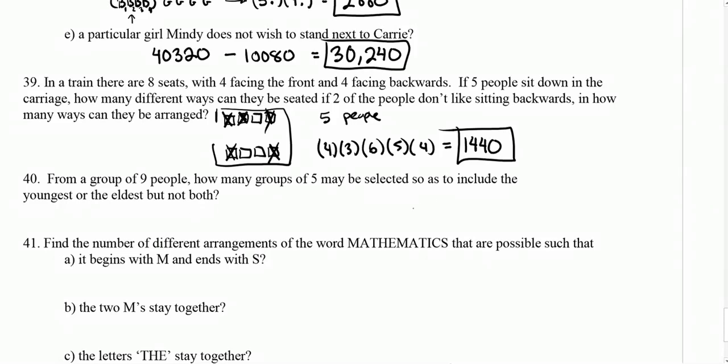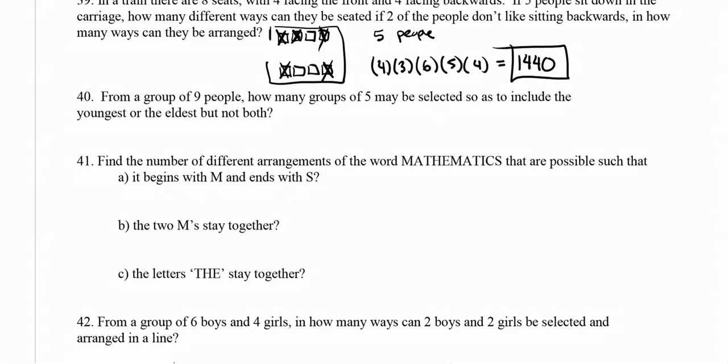So we want to either include the youngest or the eldest, but not both. Well, the first case is if we're going to include the youngest, but not the eldest. So if we have I'll put young for youngest, okay? So in that case, and order doesn't matter, we're just selecting 5, but there's only 8 to choose from because we're not allowing the eldest to be part of this choice since the youngest is included.